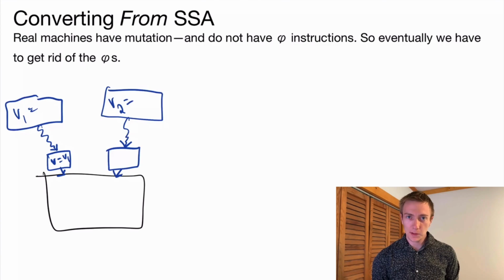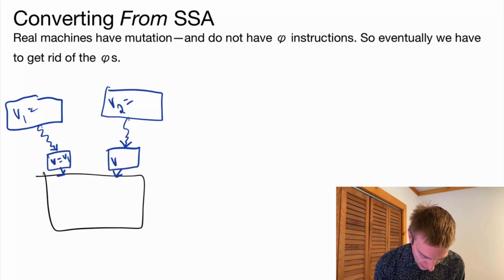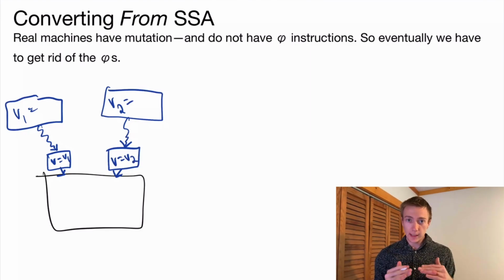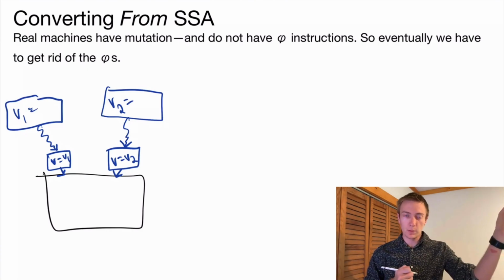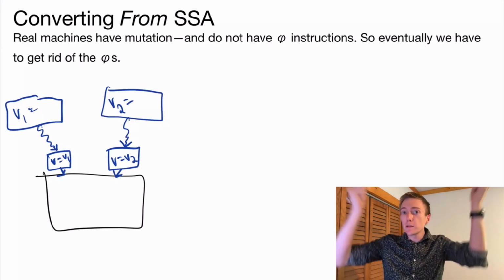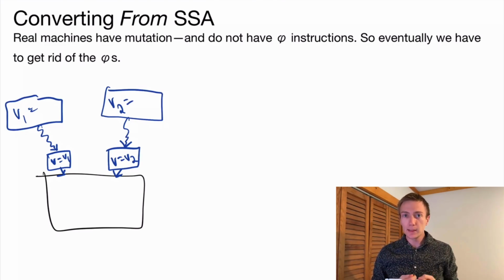I ran out of space, but you can think of this as an id instruction in Bril. And then v gets v2 along this path. So you can see that just before we go into that block that used to have the phi node in it, that would choose from whether we came in from this path or that path, we can actually just put in a block along those paths that does the same copy. So now we're going back to a control-flow representation instead of an instruction-level representation of exactly the same functionality.